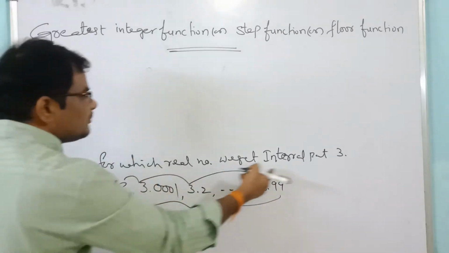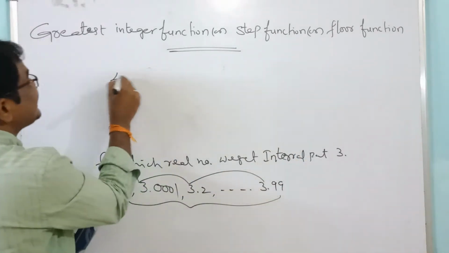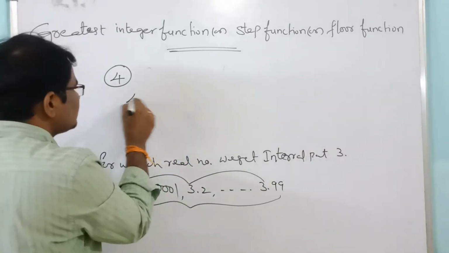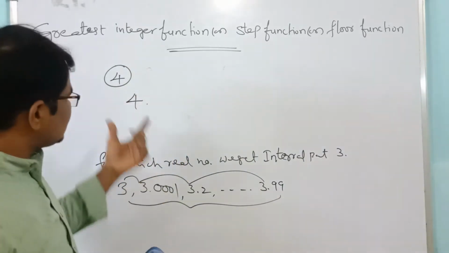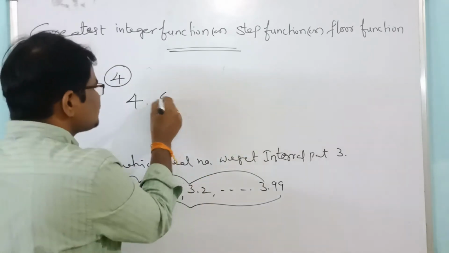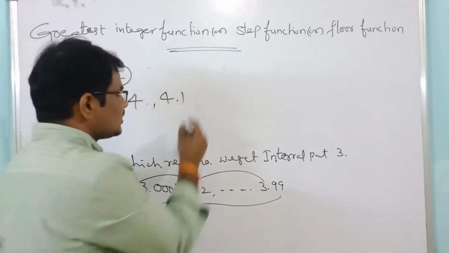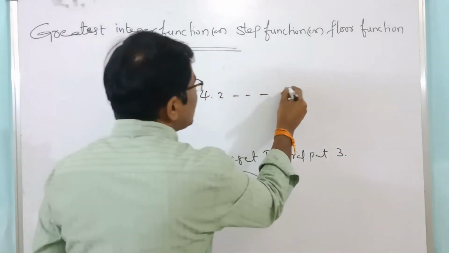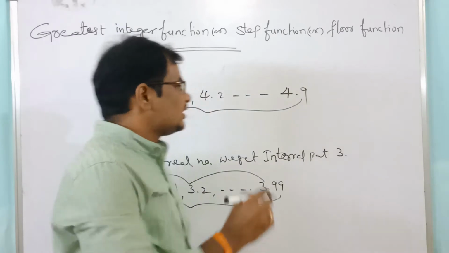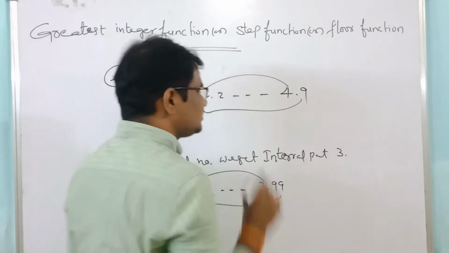Now take one more example. For which real number do we get integral part 4, suppose? Here also 4, because in this the integral part is 4 only. Suppose 4.1, 4.2, etcetera, 4.9. In all these real numbers, integral part is 4.